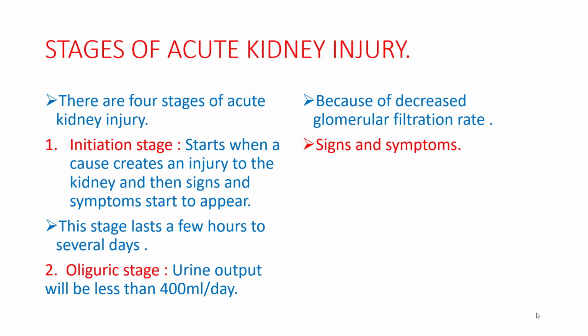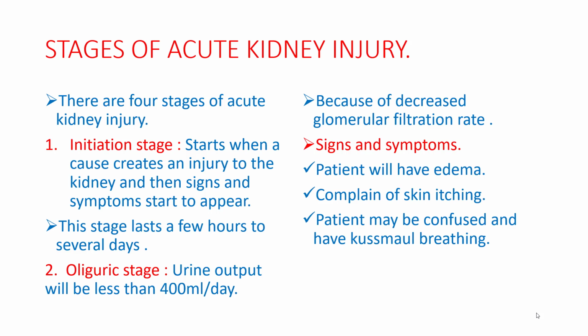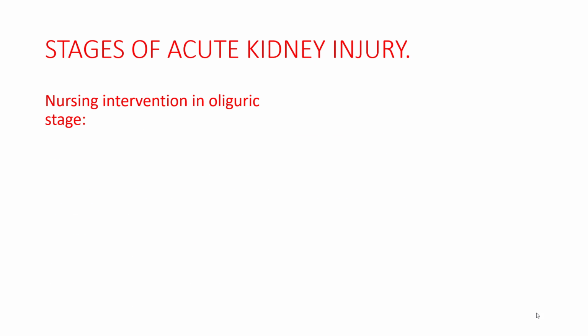Other signs and symptoms you'll notice in an oliguric stage patient, the patient will have edema, complain of skin itching, and also the patient may be confused and have Kussmaul breathing. So nursing intervention in oliguric stage, the nurse should restrict potassium-rich foods.